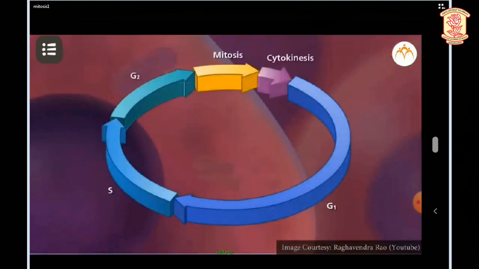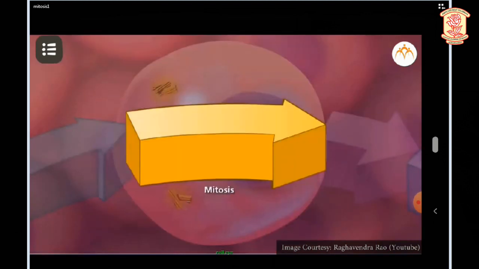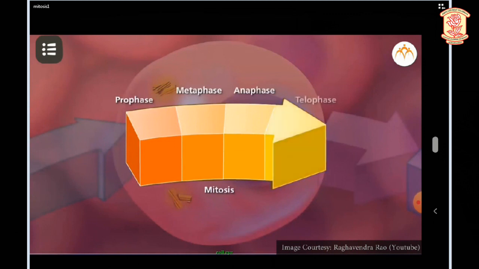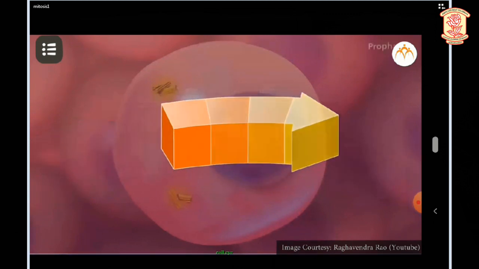After the interphase, the cell enters into karyokinesis and cytokinesis, which are the basic phases of the cycle. The first of these, karyokinesis, is divided into steps like the prophase, the metaphase, the anaphase, and the telophase.